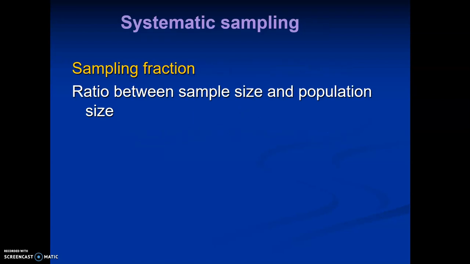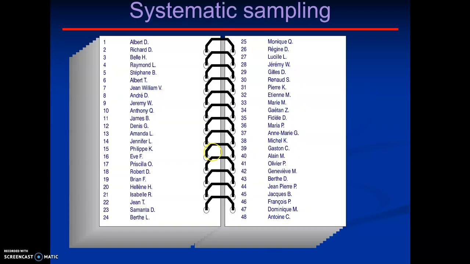Systematic random sampling. This is another random sampling, but sometimes it's not practical to use. Why is it not practical?